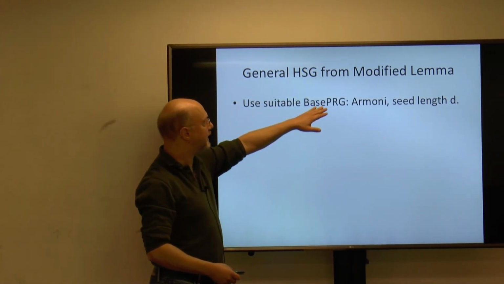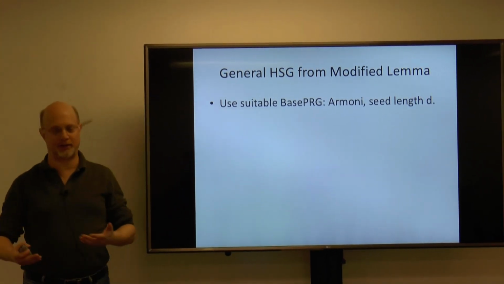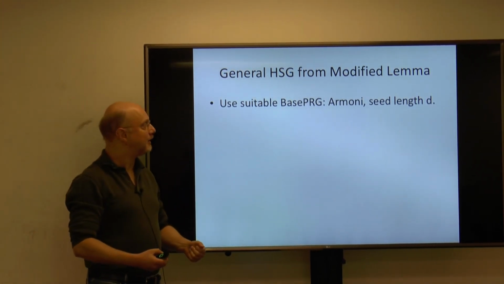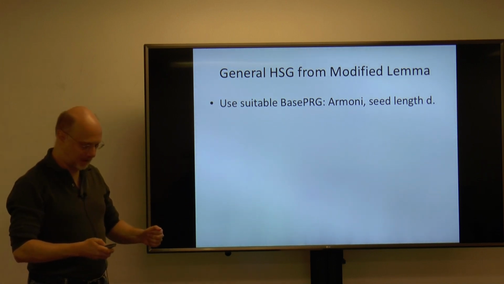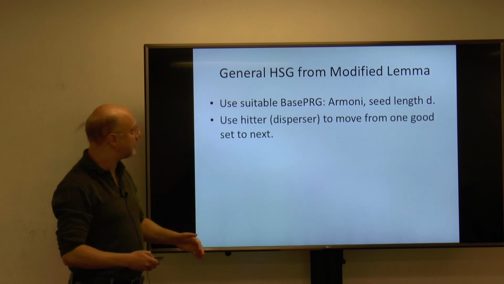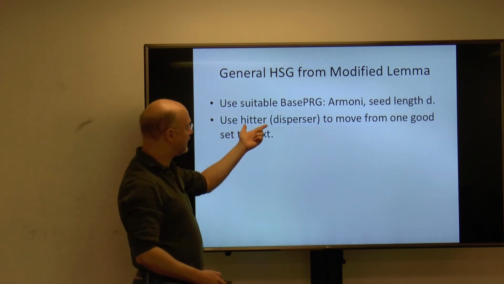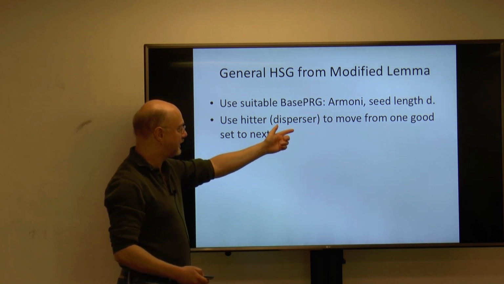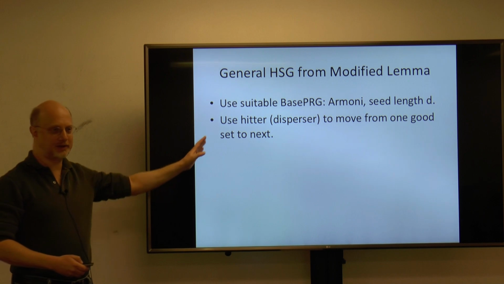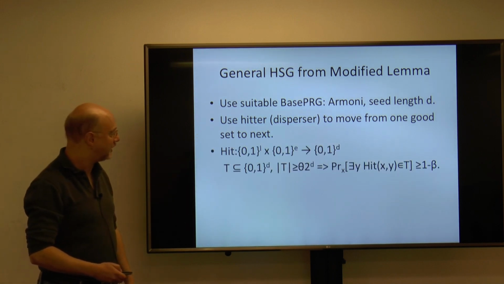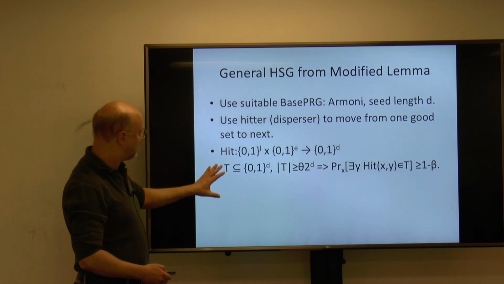So we use a suitable based pseudorandom generator, which in the general setting we'll use Armoni's generator. And we'll use something called a hitter, which is just a disperser to move from one good set to the next. So I'll tell you what, I'll just define that in a second. So hitter, I'll write it down.